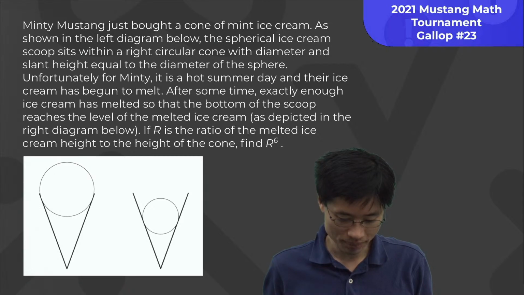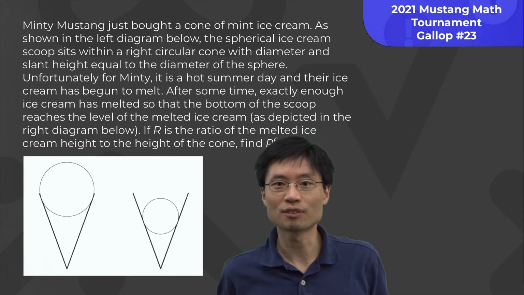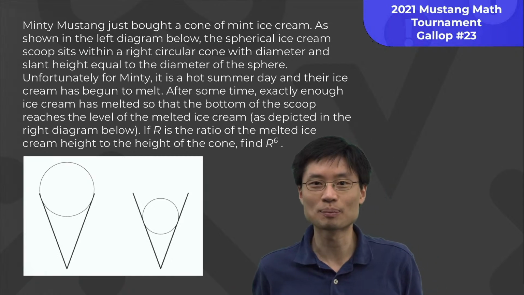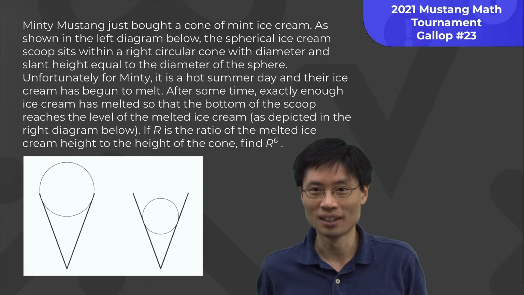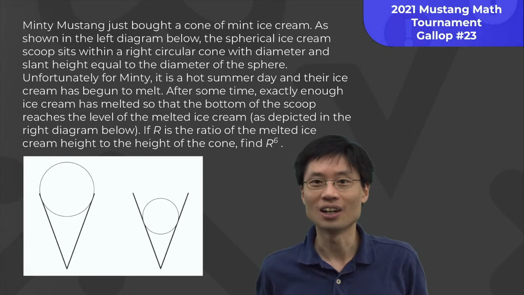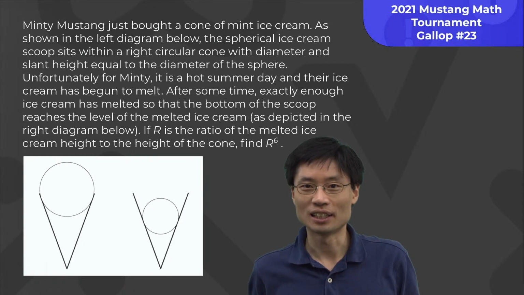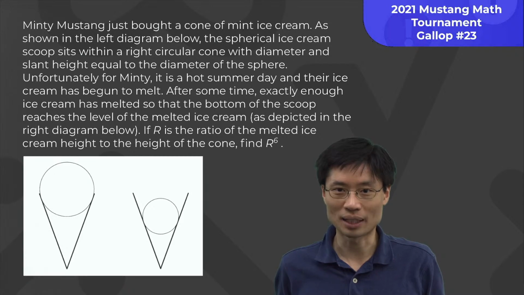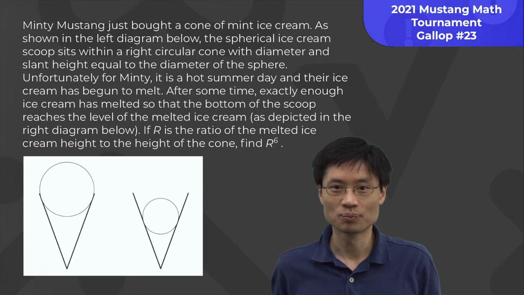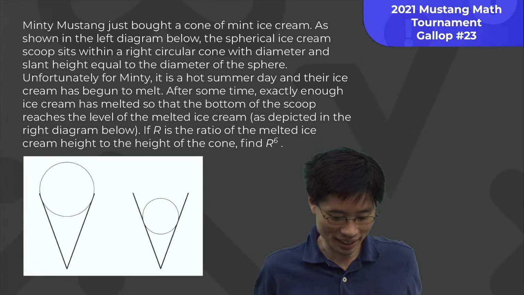Unfortunately for Minty, it's a hot summer day, and their ice cream has begun to melt. After some time, exactly enough ice cream has melted so that the bottom of the scoop reaches the level of the melted ice cream. If R is the ratio of the melted ice cream height to the height of the cone, find R to the 6th power.